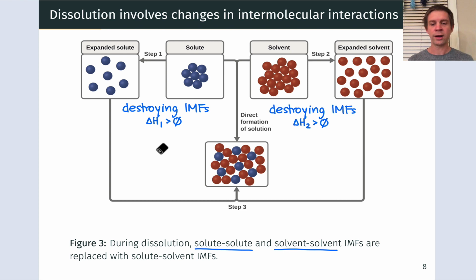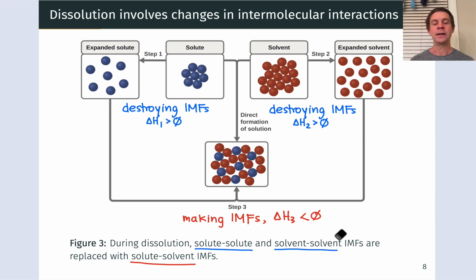We are destroying solvent-solvent intermolecular forces in this pure phase, and so this step also will be endothermic. However, when we bring these two expanded phases together, well, now we're making intermolecular forces between the solute and solvent, and so for this third step, delta H will be negative, the step will be exothermic.